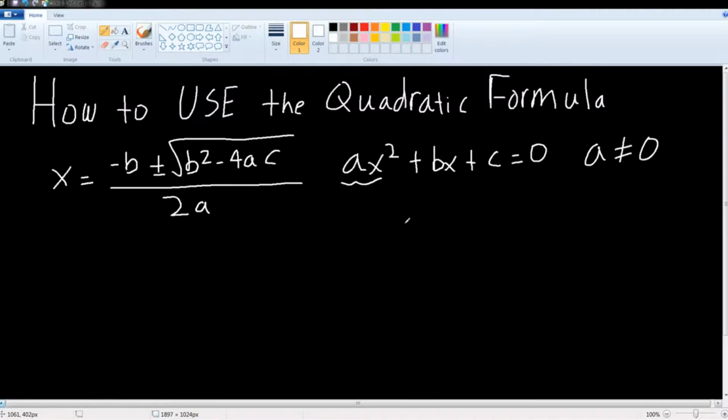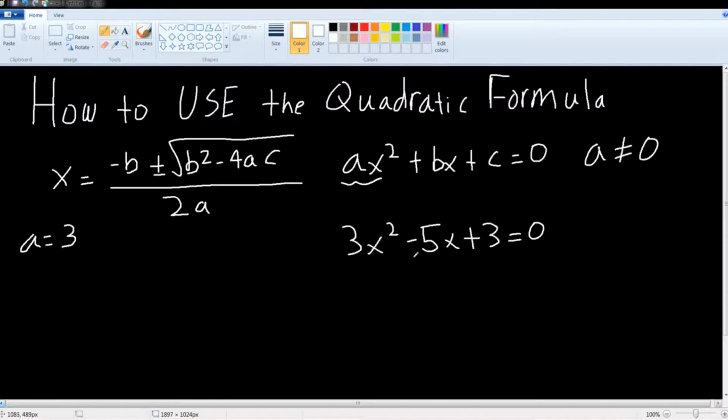So now before you start using the quadratic formula, I advise my students to first write down what the coefficients are. So for example, if we have 3x squared minus 5x plus 3 equals 0, the coefficients I would write down are a is equal to 3.